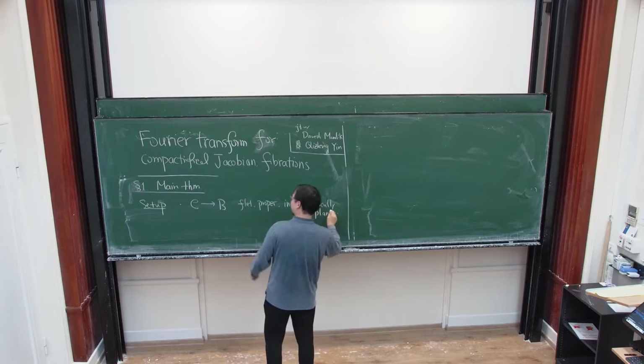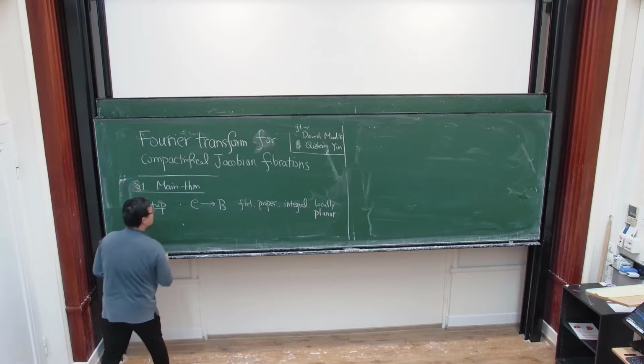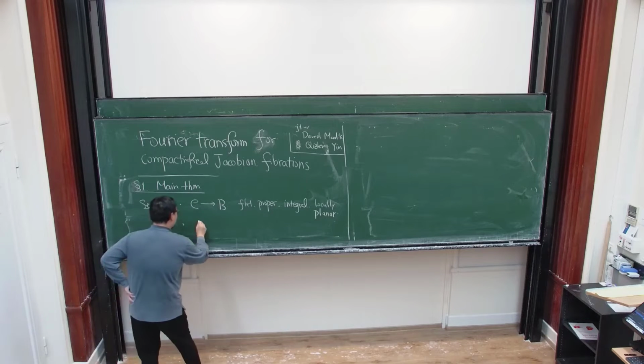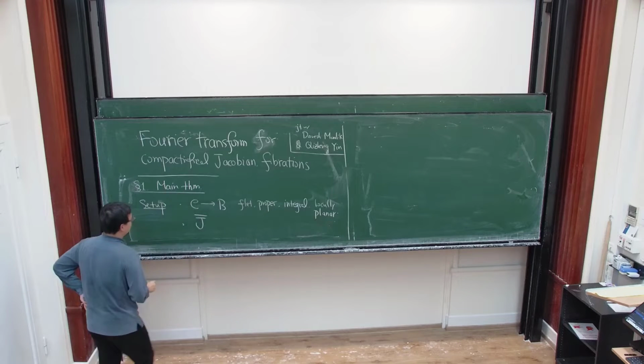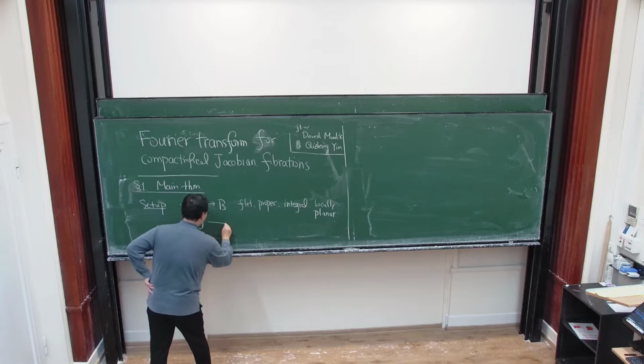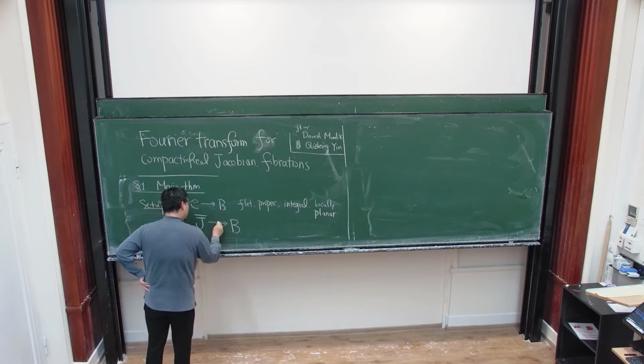For example, you can think of these as the spectral curves of the Higgs systems. Then we consider the compatible Jacobian fibration associated with this family of curves, which I will call J to B, and I will call this map F.